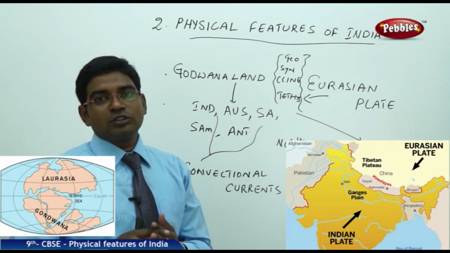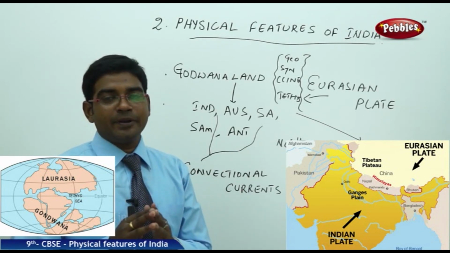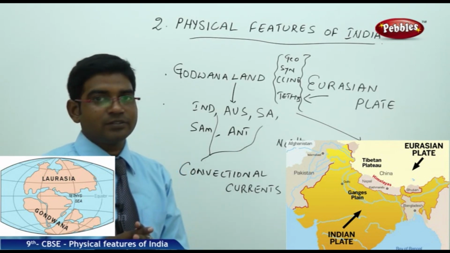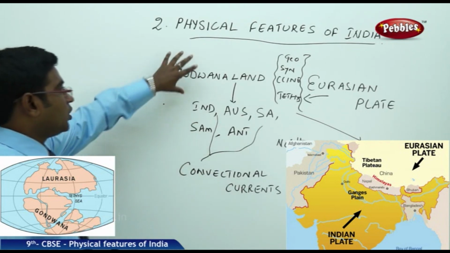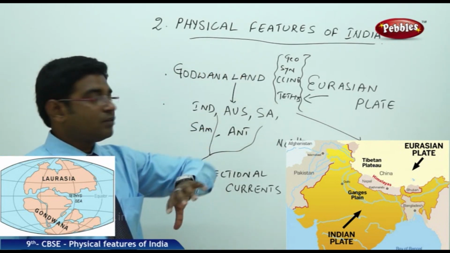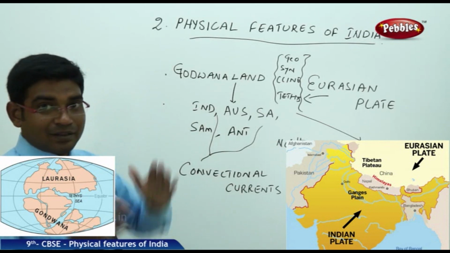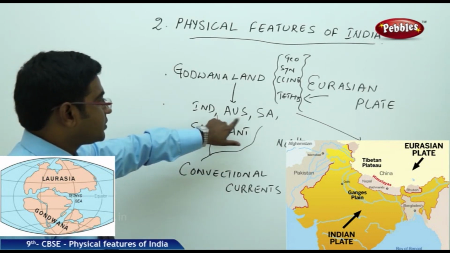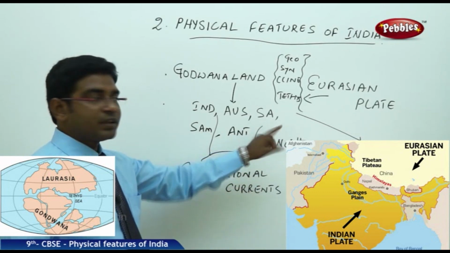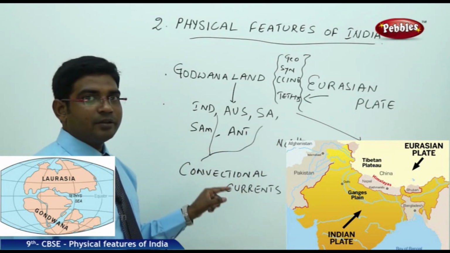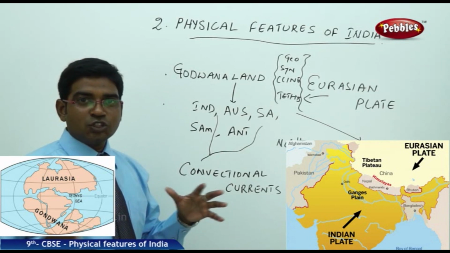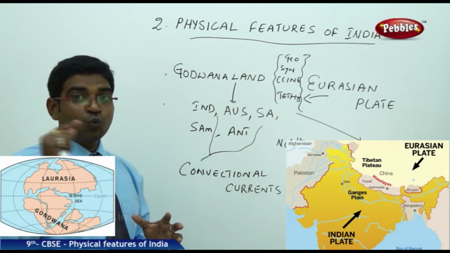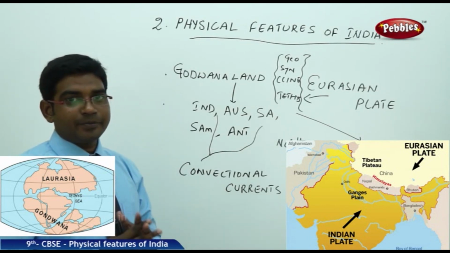In order to throw light on exactly what happened, let us look into the details now. The Gondwana land comprised the plates of the present day countries India, Australia, South Africa, South America and Antarctica, which together were once the Gondwana land.